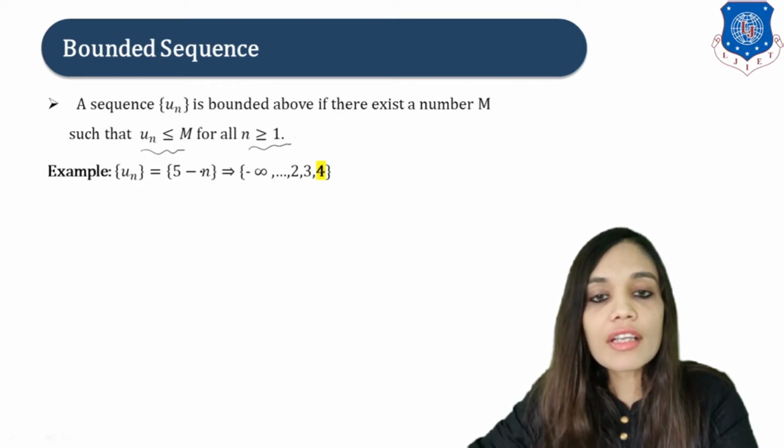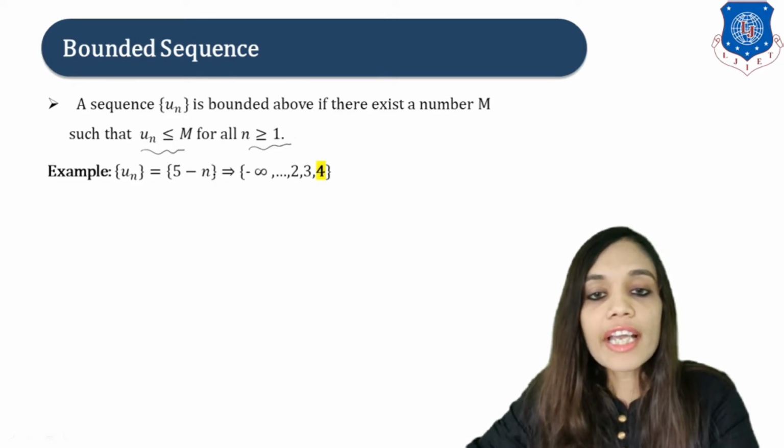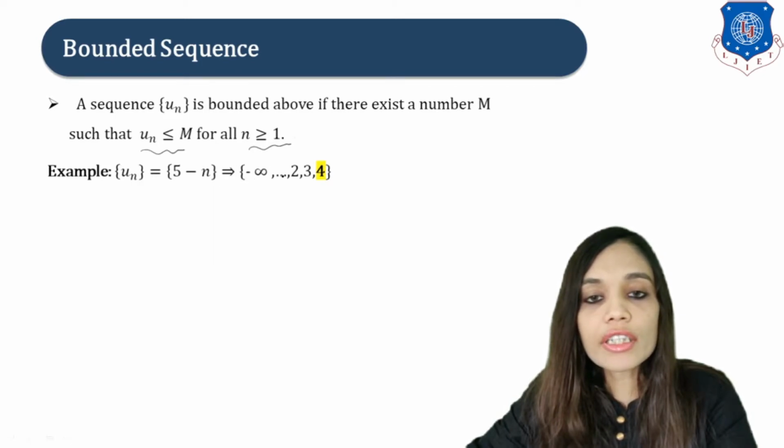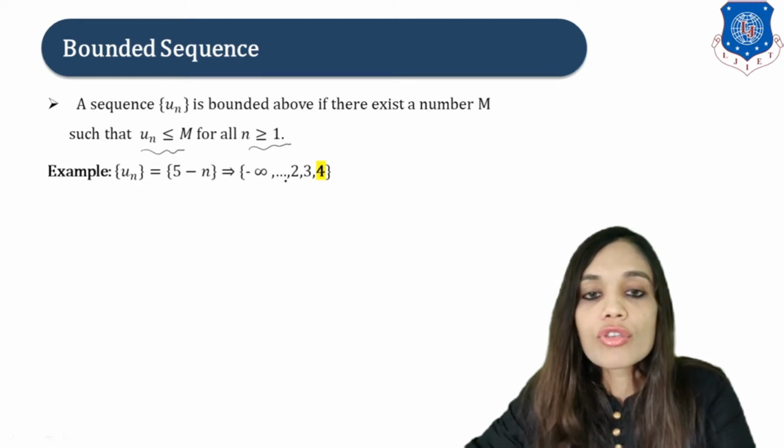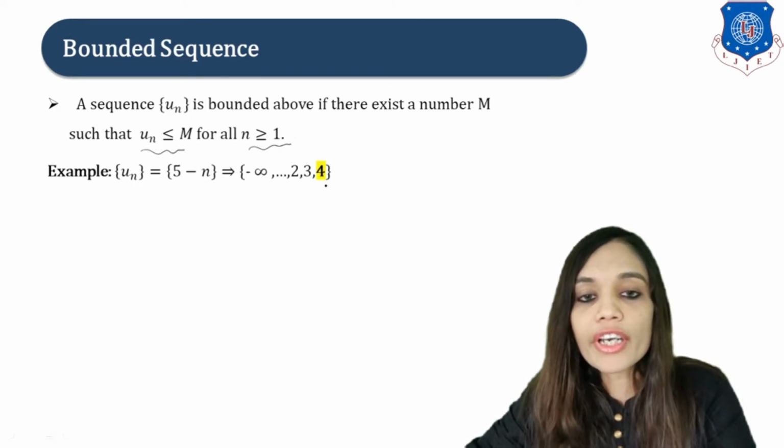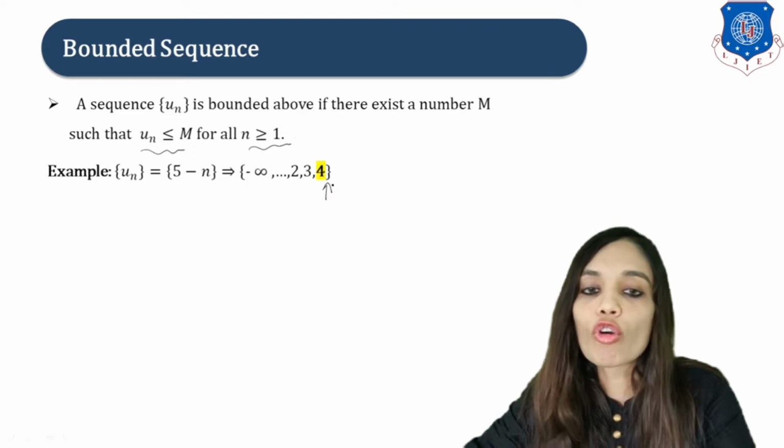Now if you replace the values of n, then you will get minus infinity and so on, 2, 3 and 4. This sequence will end at 4 because if you substitute 5 in this, what you will get? 0. So this sequence is bounded above by 4.